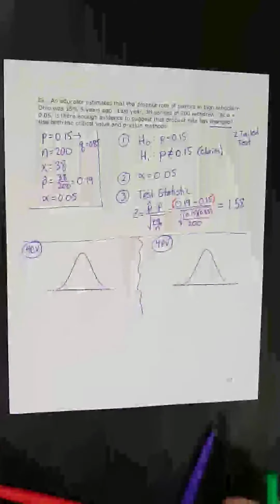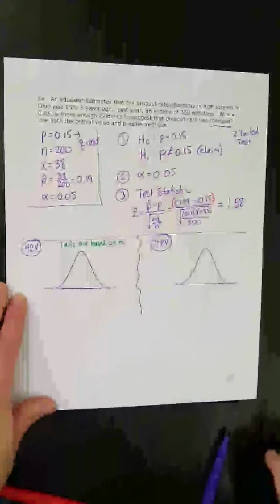Okay. So the first way that we learned, we had our critical value approach. The first thing we drew on our picture was our tail or tails, and they were based on alpha. So here's my little note. Tails are based on alpha.